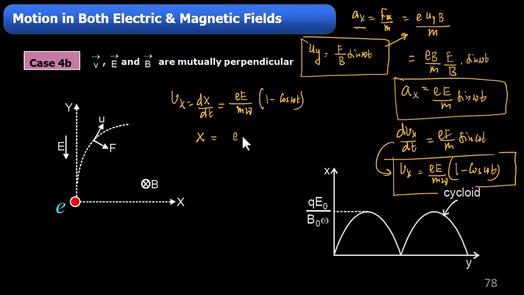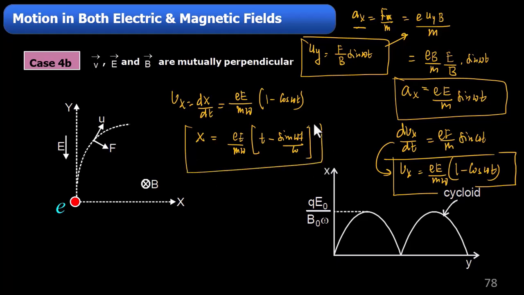If I integrate it once more, ultimately I get x equal to E by m omega multiplied by the integration with respect to t, which is t minus sine of omega t by omega. So that will give the value of x.